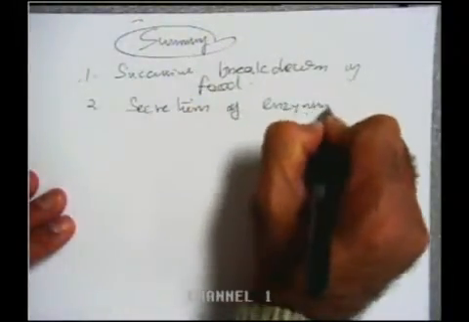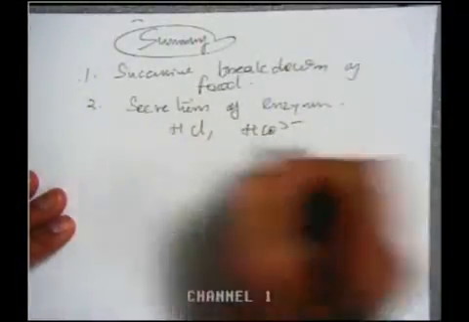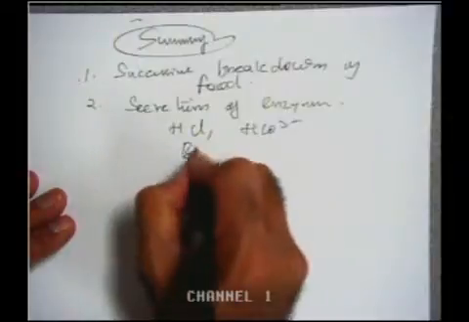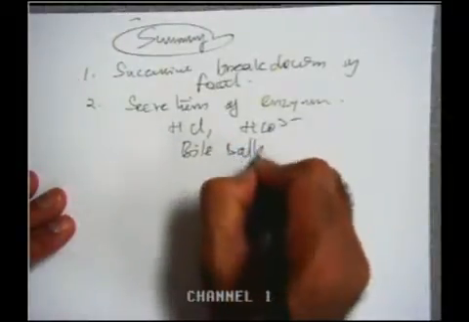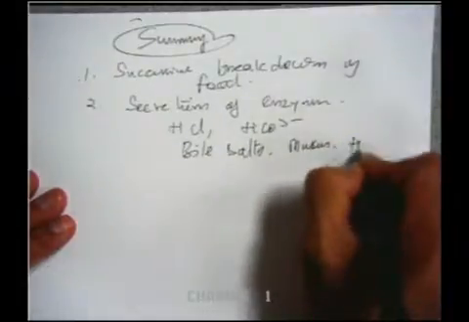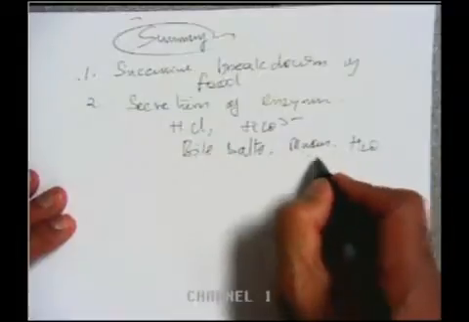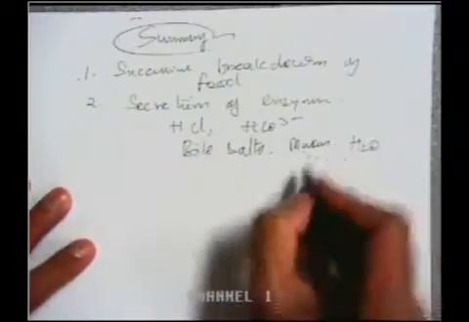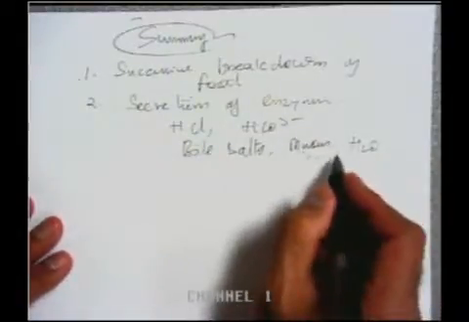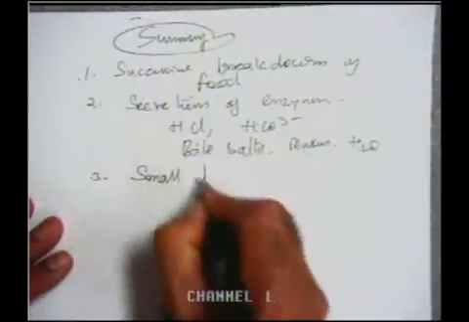We studied hydrochloric acid, HCO3 minus, bicarbonate ion. Also we studied bile salts, and also mucus secretion and water, mainly the mucus and water that is secreted in the colon as well, also the stomach and the gastrointestinal tract. And then the small intestine, we studied the small intestine.